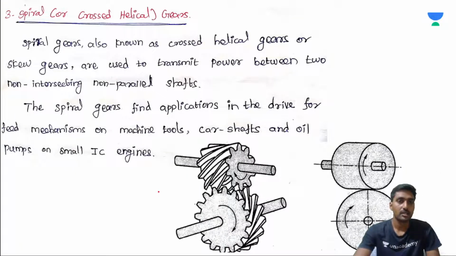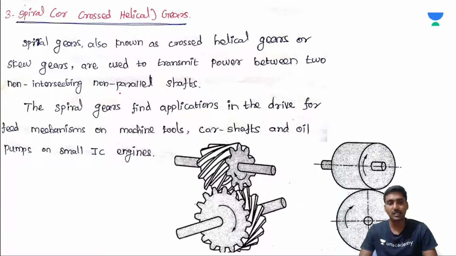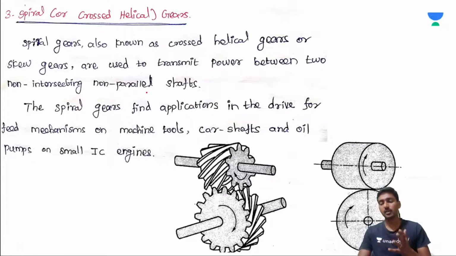Next, spiral or crossed helical gears. Spiral gears, also known as crossed helical gears or skewed gears, are used to transmit power between two non-intersecting, non-parallel shafts. Guys, is it clear up to this point?